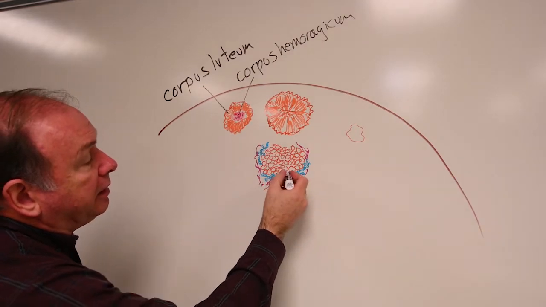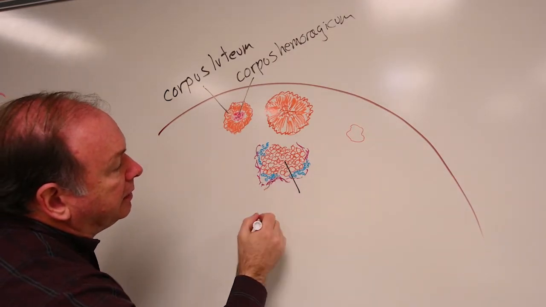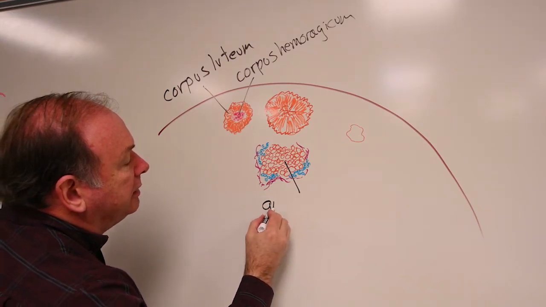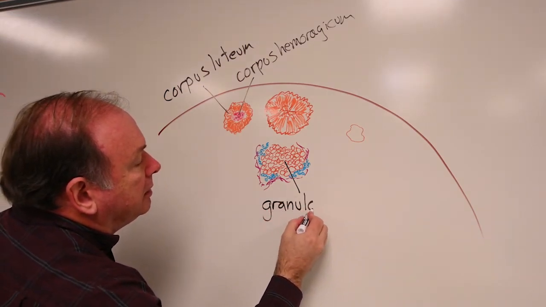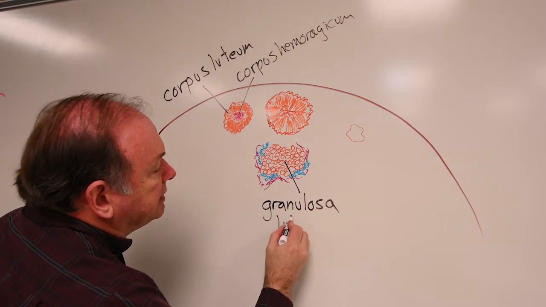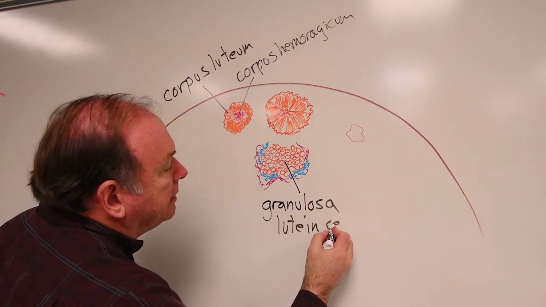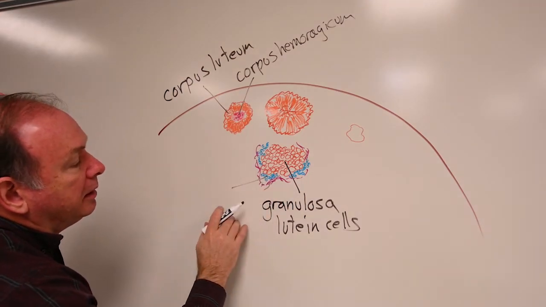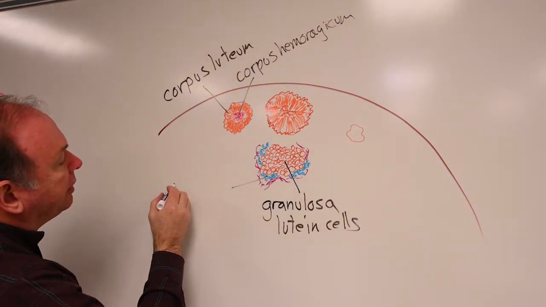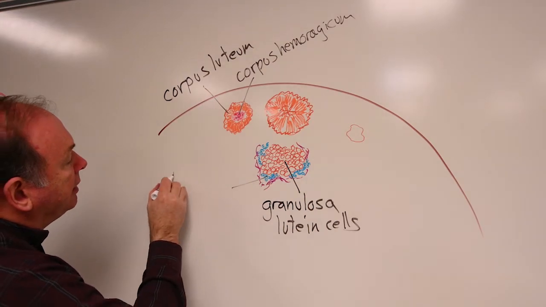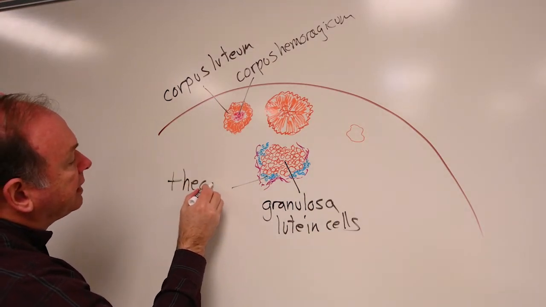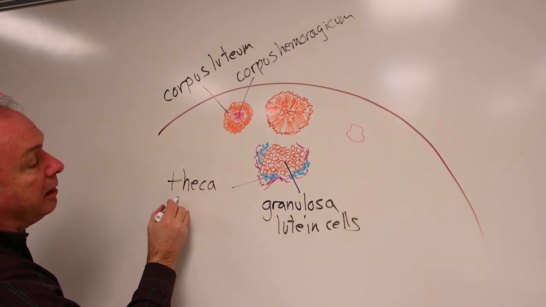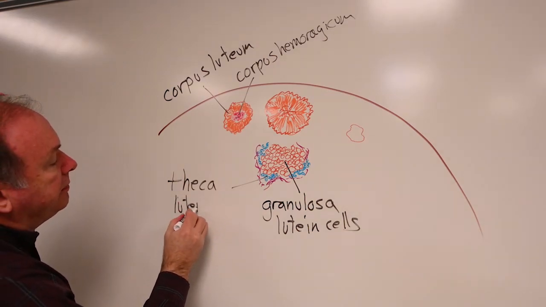The cells in here in the center that are derived from follicle cells are referred to as granulosa lutein cells, and those derived from the theca interna are referred to as theca lutein cells.